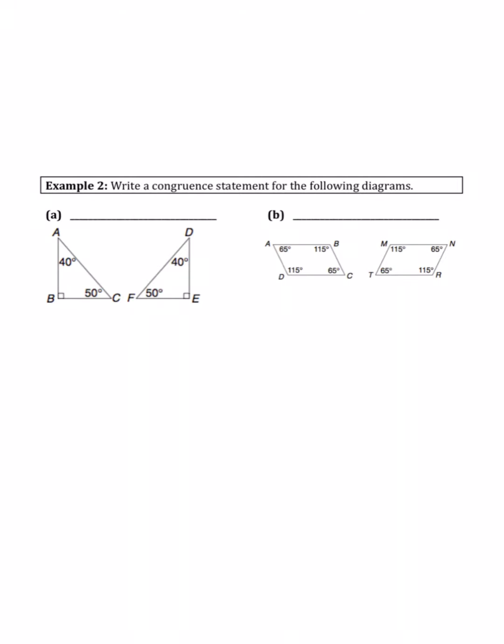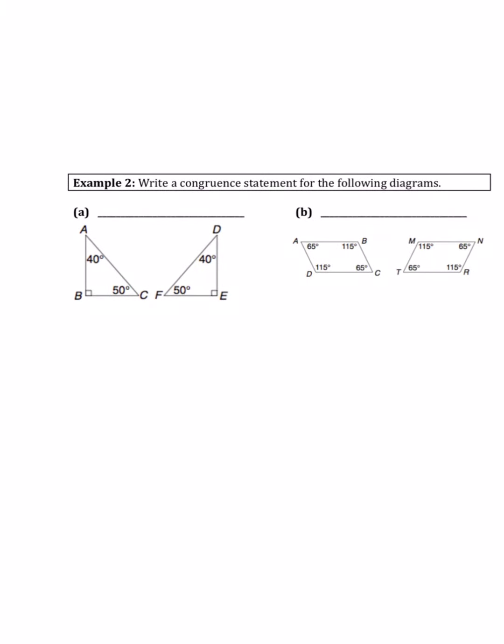Okay, next. We have a congruent statement that we're going to write for these two triangles. So we have triangle, and you could start at any angle, by the way. It doesn't always have to be alphabetical, though generally we do start alphabetically just to make things easier.